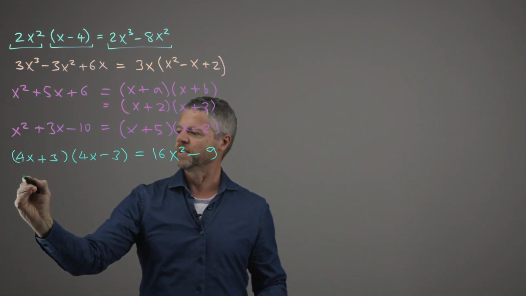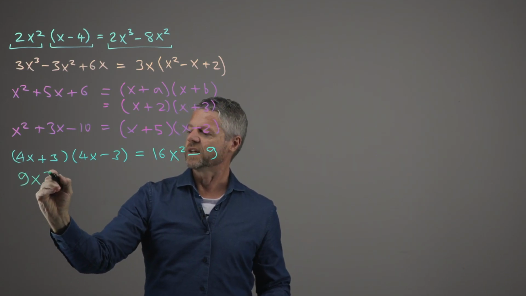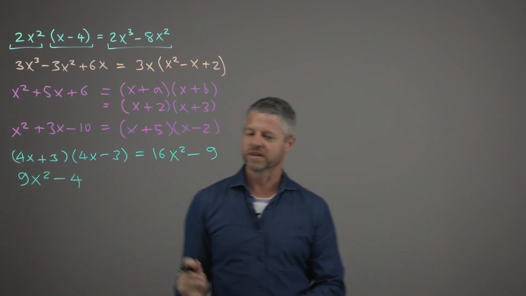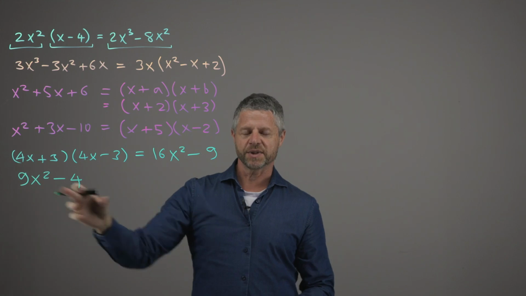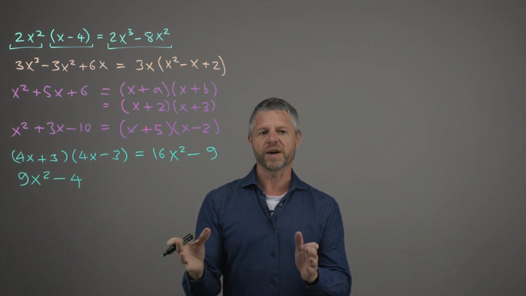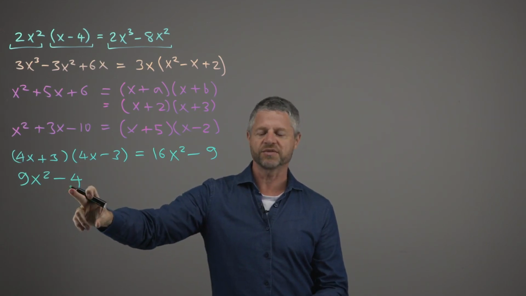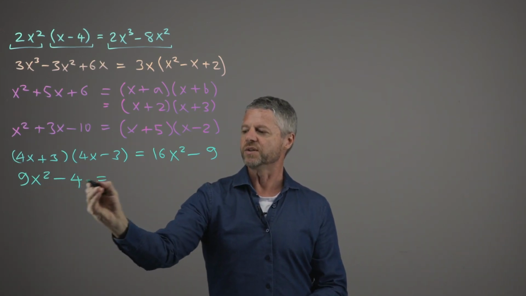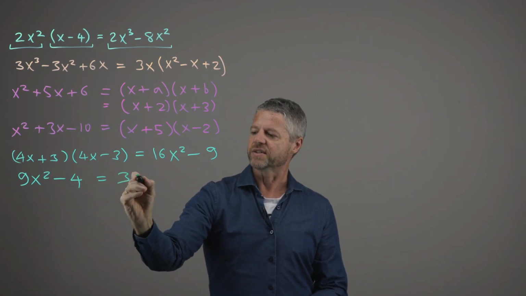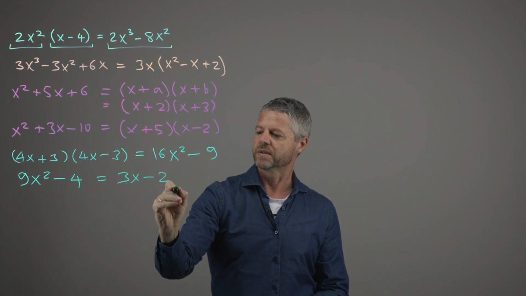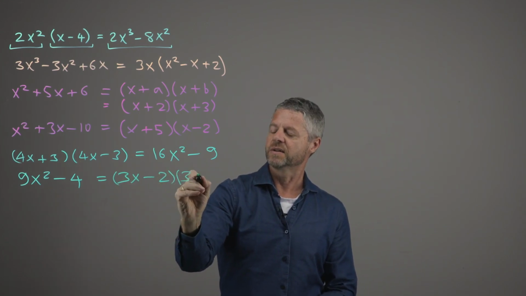So for example, if I want to find the factors for 9x squared minus 4, I've got a perfect square here, which will be 3x, because if I take 3x and square it, I get 9x squared. I've got a perfect square here, because 2 squared is 4. So I know that I can factor this as 3x minus 2 and 3x plus 2.